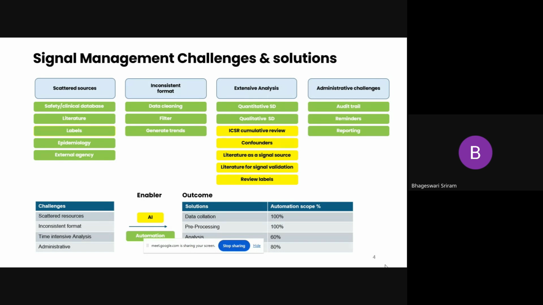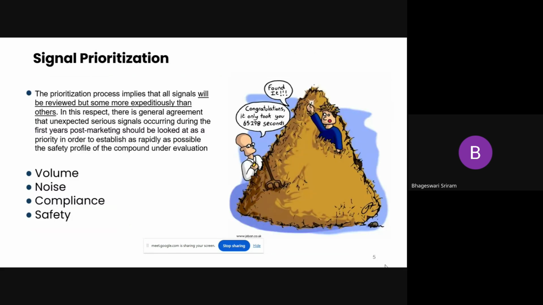So although we have several solutions, one uncharted area, or where we could do things in a better way, is signal prioritization. Right? So let's look at signal prioritization a little bit more.